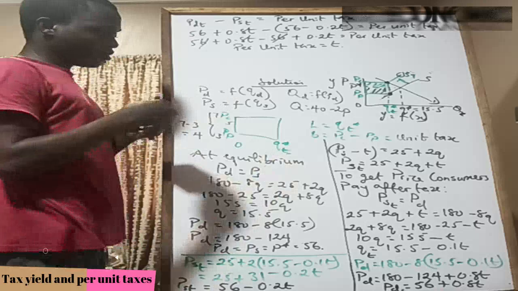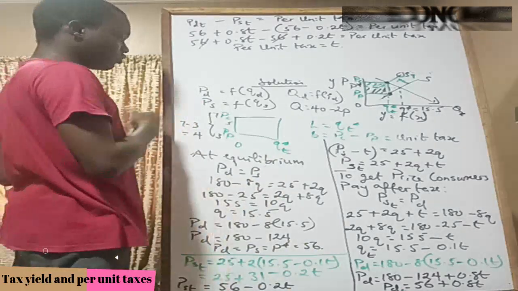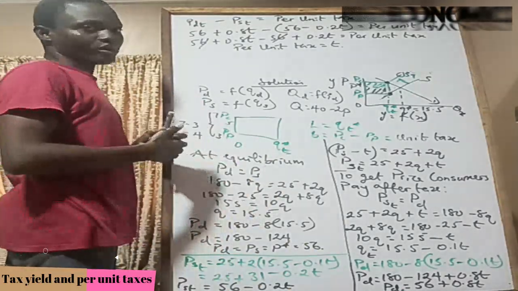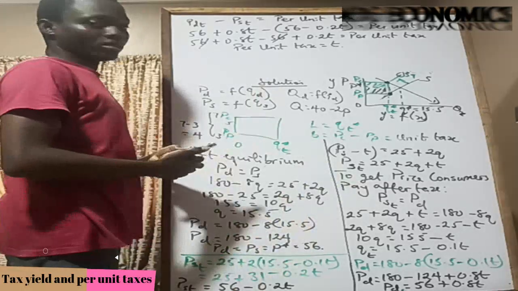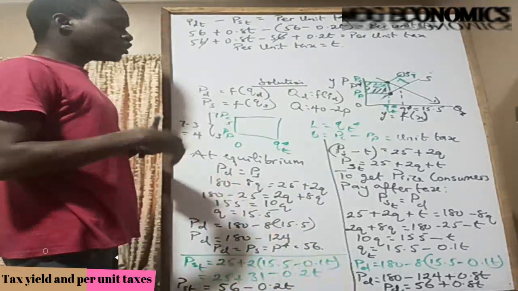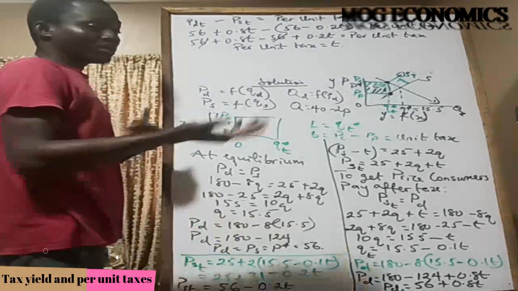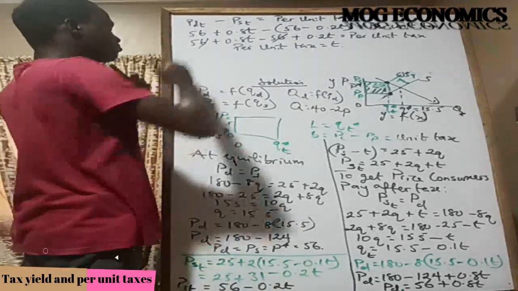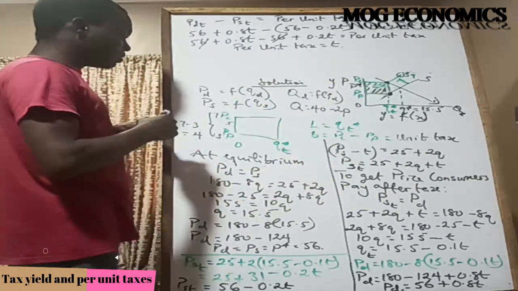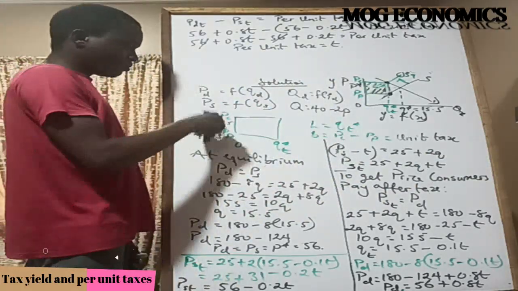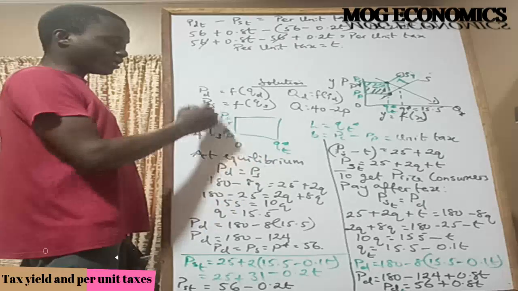So if you do this minus this, you should get the value of your per unit tax, which should be a number. But because here we don't know it, it is still T. In case you have a question like this, because you're going to have an assignment, you don't need to do everything I've done. Just know that your per unit tax is T. That is the breadth of the rectangle here.